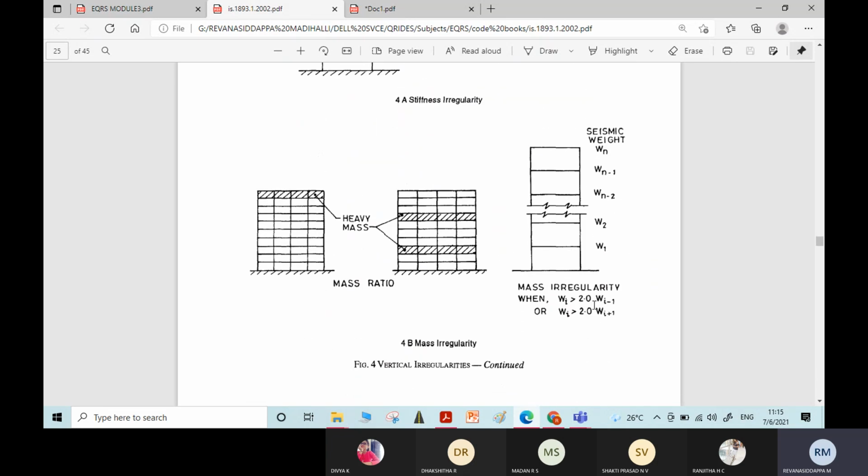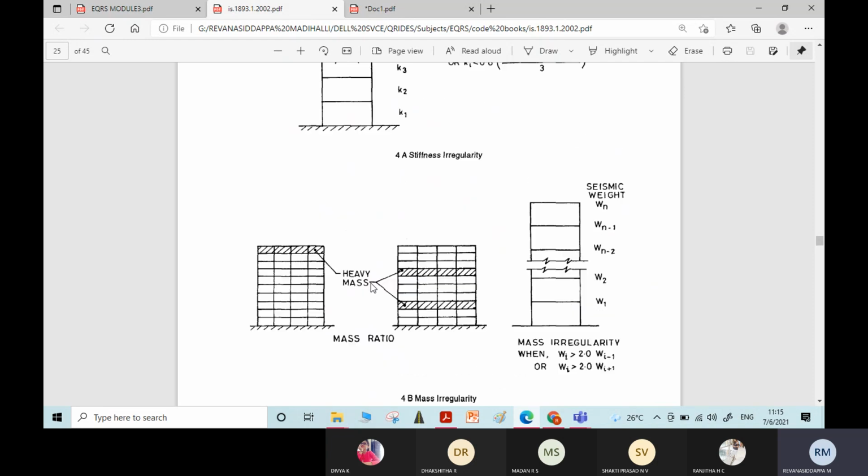Here you can see Wi, the weight of the ith floor. If it is greater than 2 times Wi minus 1, meaning the lower floor, or if the weight of the ith floor is greater than 2 times the I plus 1th floor, meaning the upper lying floor, then it is considered as mass irregularity.